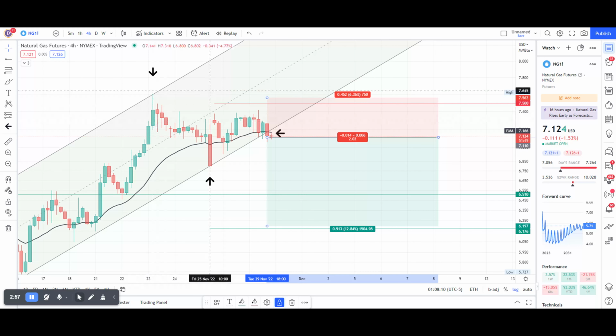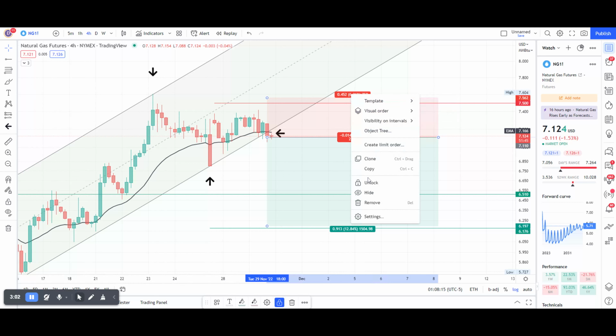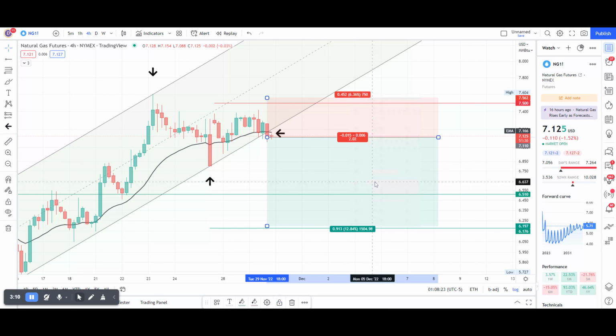Now, one could also decide, okay, I'm going to go for a higher reward versus risk. 2 is nice and considered to be a minimum many times during trading, but I want to go for something that is more aspiring. So I'll actually take this high over here of the 29th of November, which is 7.421, and I'm going to place my stop just above it.